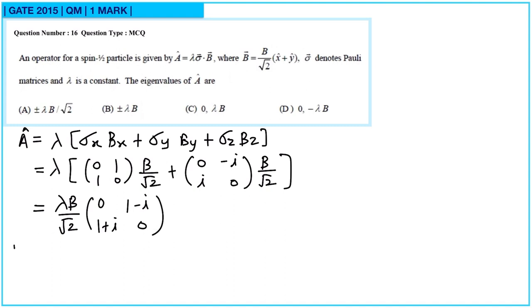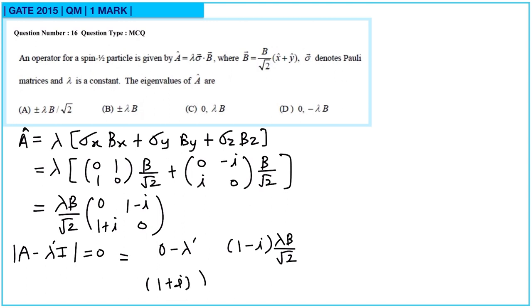Now we can find out eigenvalues using this relation, determinant of A minus lambda I is equal to 0. So we already have this lambda here, so let us use lambda dash. So this is equal to 0 minus lambda dash, then we have 1 minus i into lambda b by root 2. Here 1 plus i into lambda b by root 2 and 0 minus lambda dash. This is equal to 0.